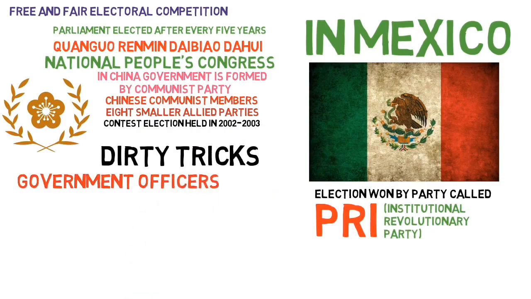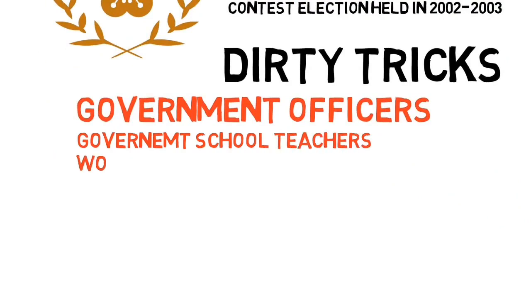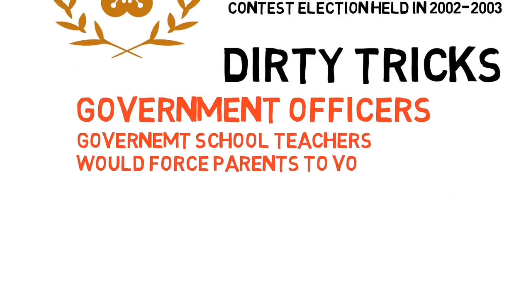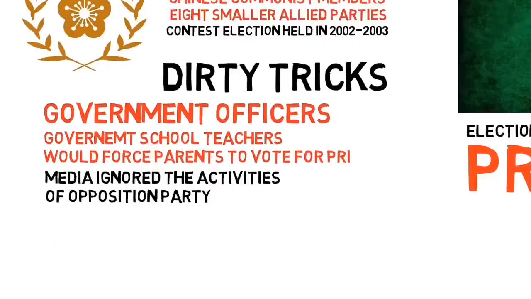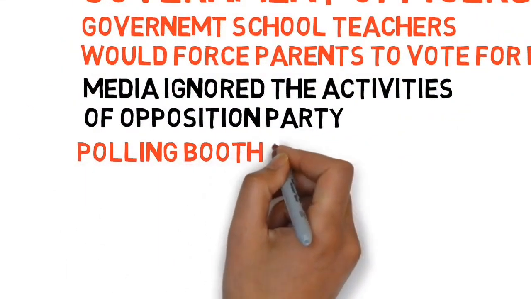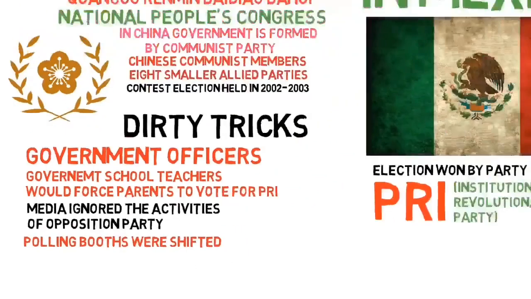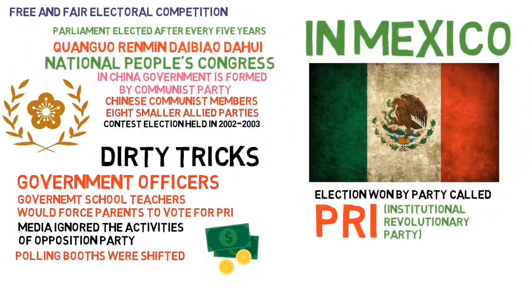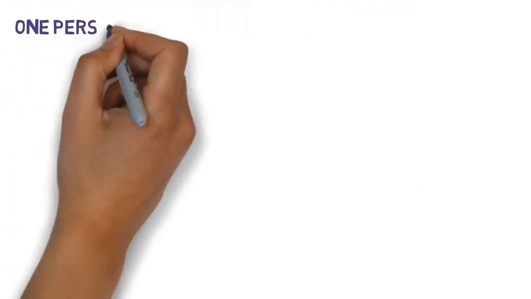Government officers were made to vote for the PRI, and government school teachers were forcing parents to vote for the PRI. The media would ignore the activities of opposition parties, and they were also shifting polling booths at the last moment. PRI would also invest a larger amount of money. But our feature says that there should be free and fair electoral competition.